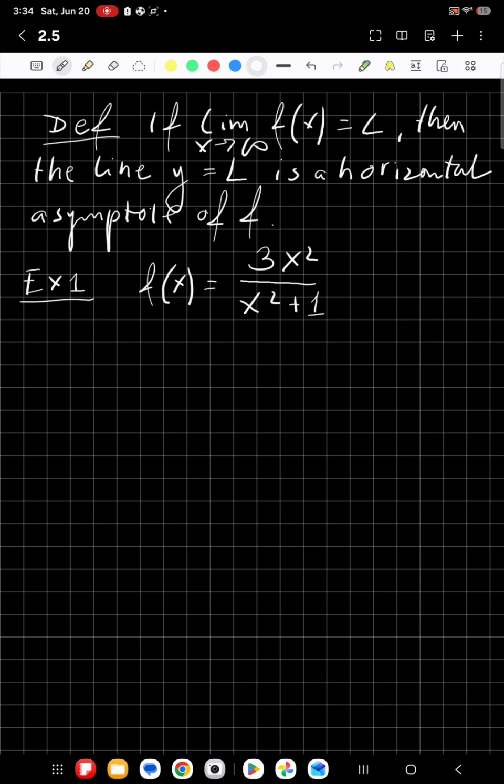And I think maybe the best way to illustrate this idea of horizontal asymptote would be to graph it. I'm just going to draw that horizontal asymptote, and then the graph would look like this.